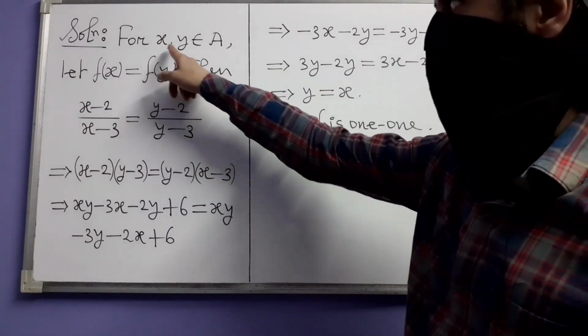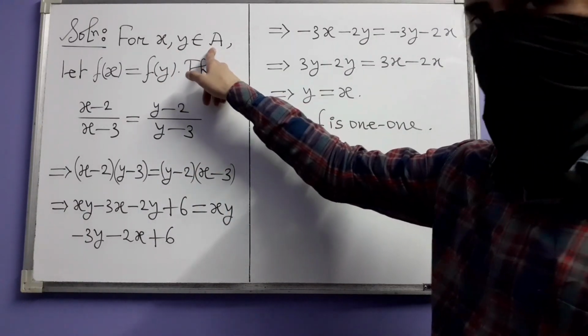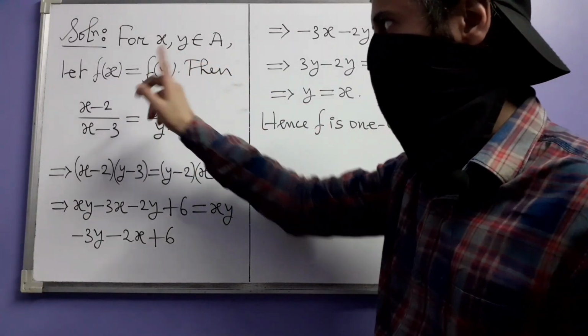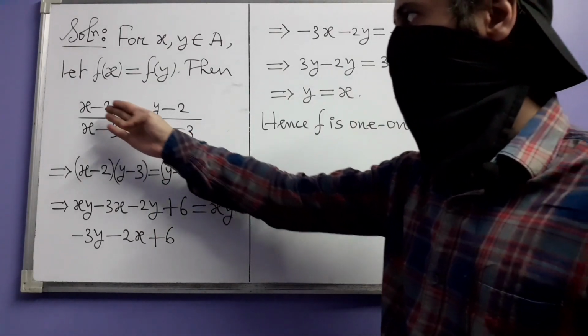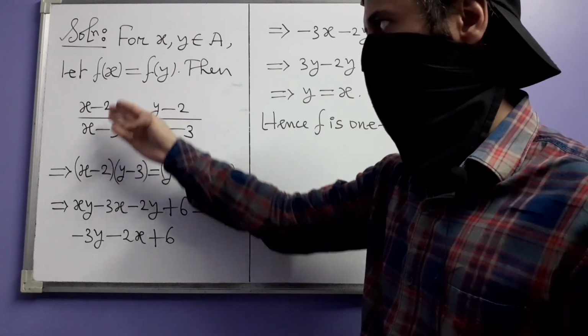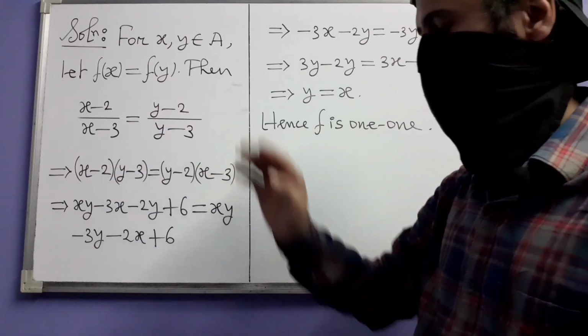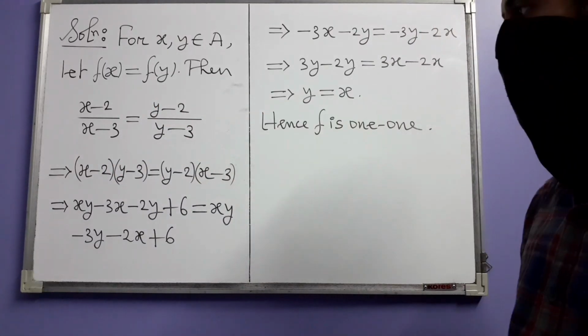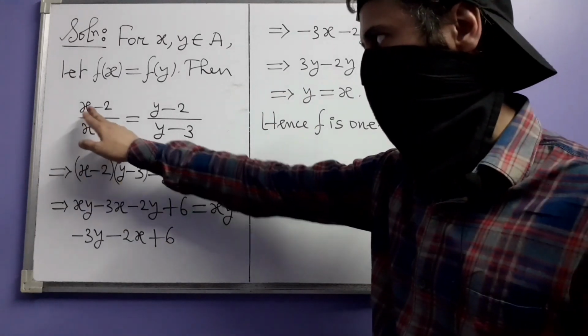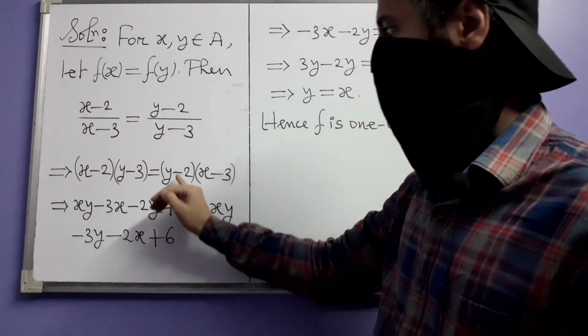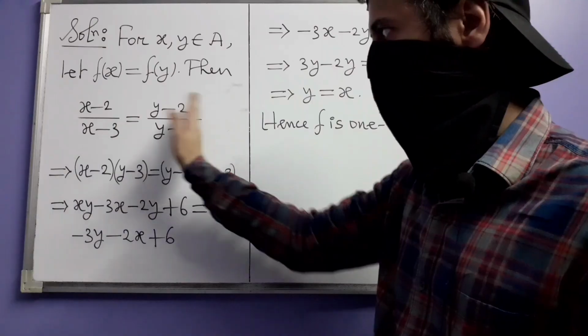We take any two elements x and y in the domain A such that their f images are equal, and those f images are this: (x minus 2) divided by (x minus 3) and (y minus 2) over (y minus 3). And then we do cross multiplication. So we get (x minus 2) times (y minus 3) equals (y minus 2) times (x minus 3).